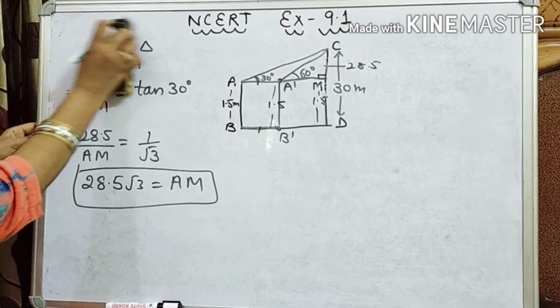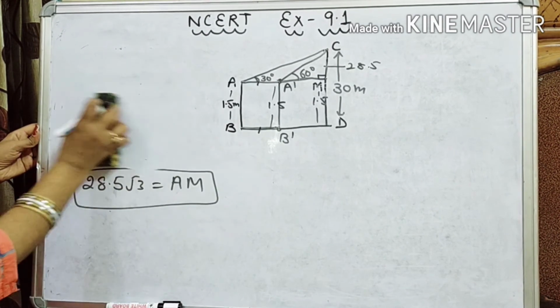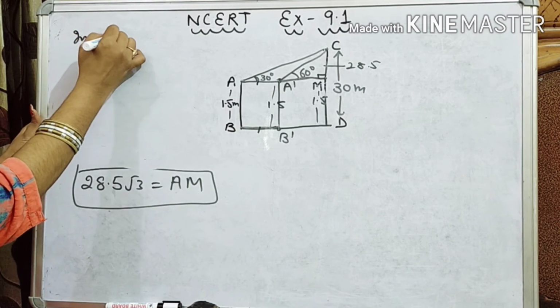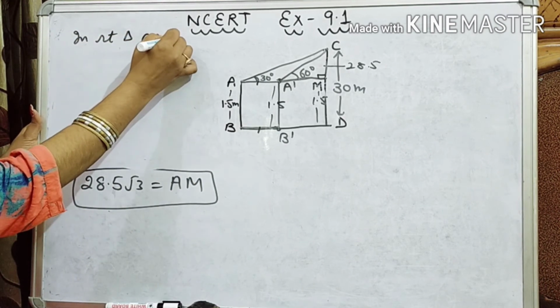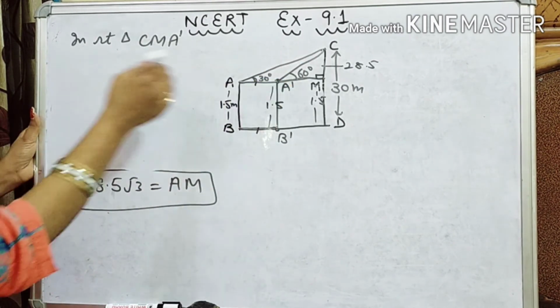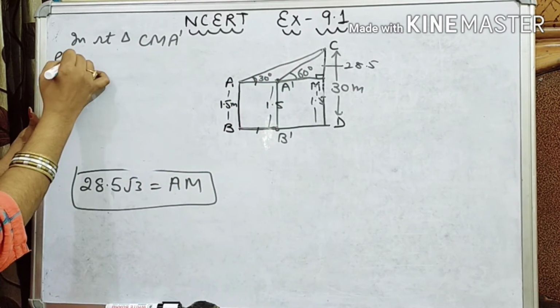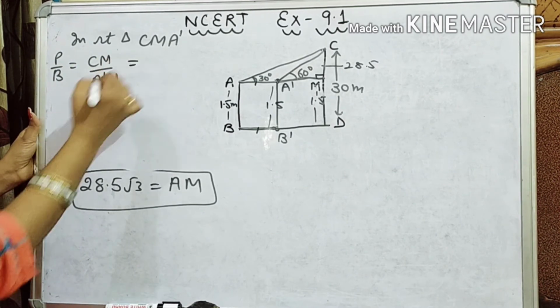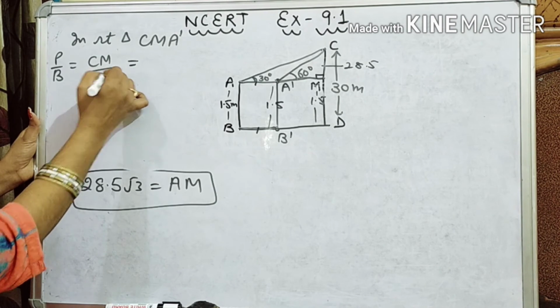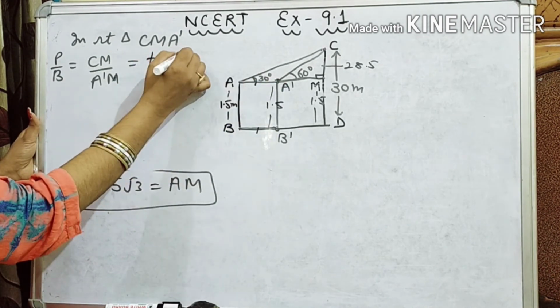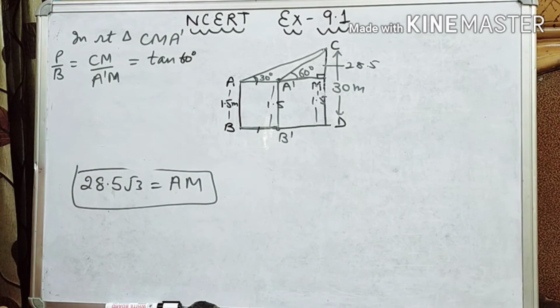And now the next right triangle, you can guess it, you can observe it, is right triangle CMA dash. Am I right? Okay, CMA dash, again take the same ratio, perpendicular by base, that means CM by A dash M, and again perpendicular by base should be the tan, and tan of 60 degree now, because we are taking triangle CMA dash.